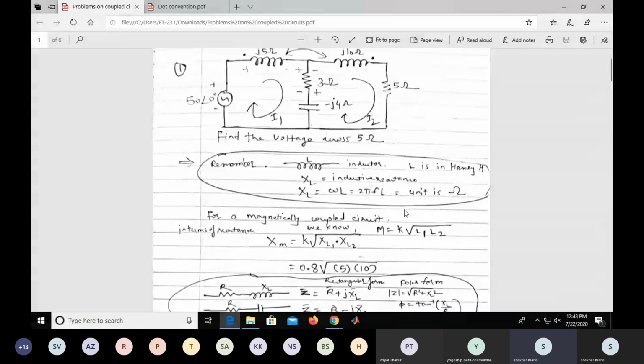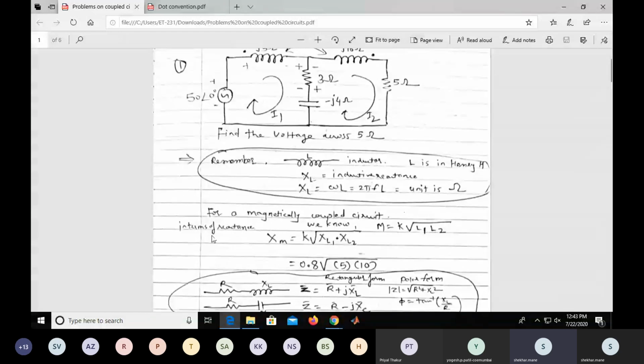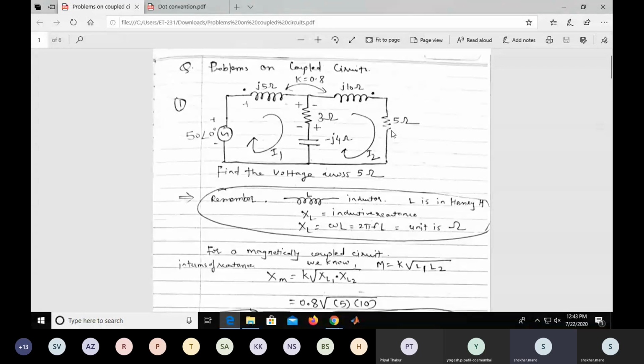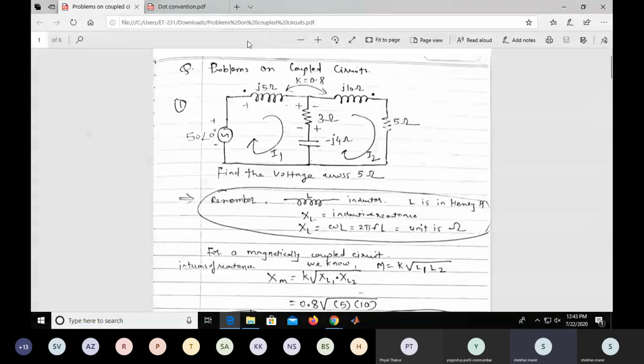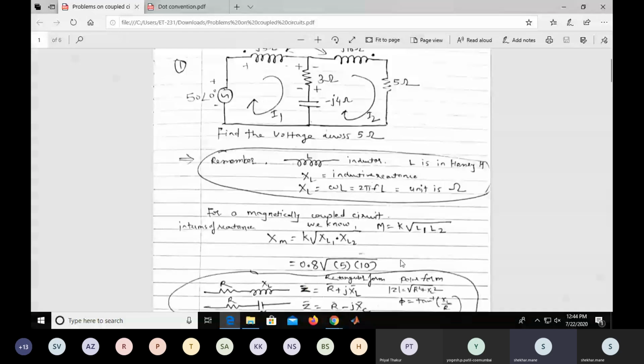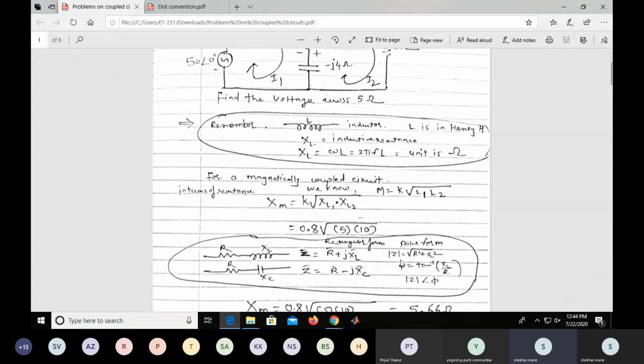So we have to rewrite the formula in terms of reactances. So Xm is equal to K root of XL1 into XL2. XL1 is 5 and XL2 is 10, and K is 0.8. So from this we can calculate the value of Xm.